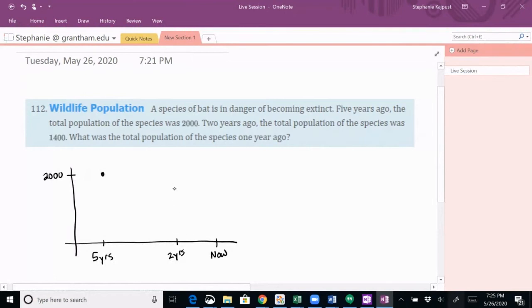So if this is 1,000, I'll just estimate it around here. So this would be 1,400. And so you can see that we're decreasing. So presumably we would still be decreasing. This is a really bad picture here, but it's going down.